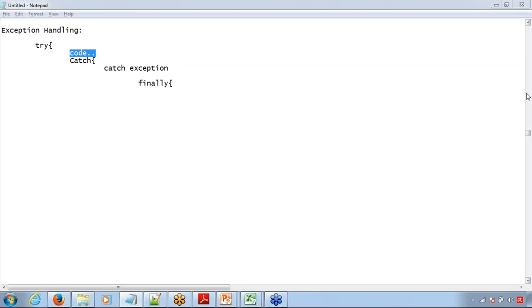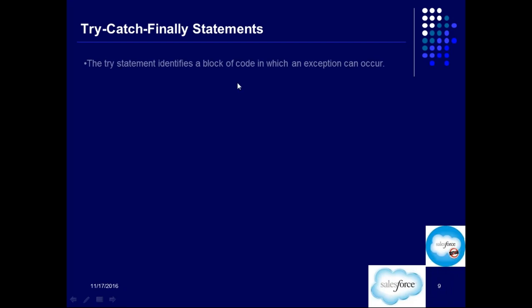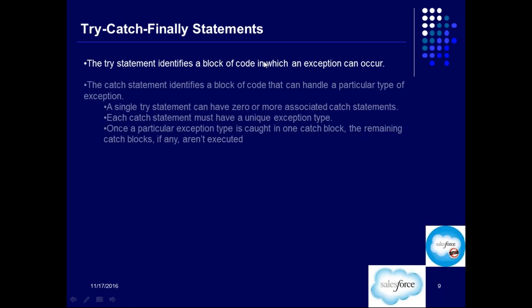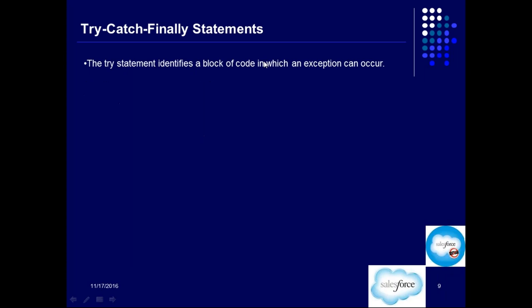So let's quickly understand this try catch finally. The try statement identifies a block of code in which an exception can occur. So if you are expecting an exception to occur in one particular piece of code, that code can be written inside the try statement. For the catch statement, let's say you are expecting the error to come when a record is being entered.